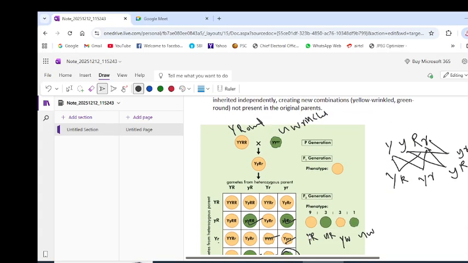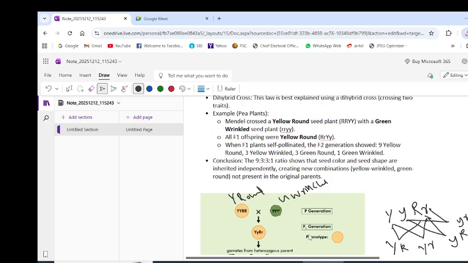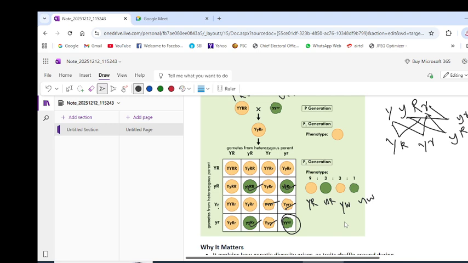Normally in the question paper they ask, what is the ratio of dihybrid cross? It is the 9:3:3:1 ratio. Okay, so the ratio will be like this: 9 pure lines in case of dominance and 1 in case of recessive character, and the remainings are new combinations.